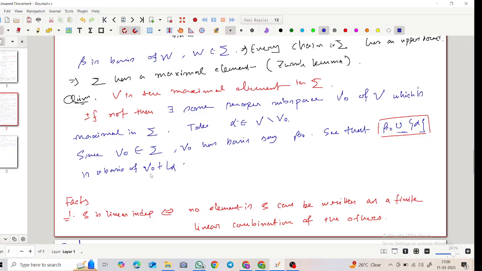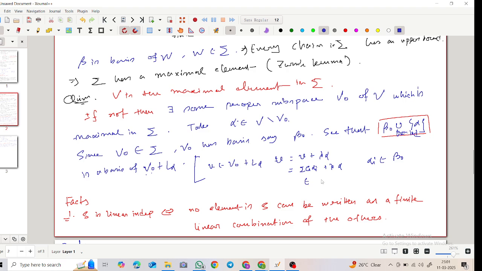And you can see any element, okay? So first of all, this is linearly independent, okay? And any element V belongs to V naught plus L alpha is of the form V equals V plus lambda into alpha, right? Where summation Ci alpha I plus lambda alpha, where alpha is in beta naught.